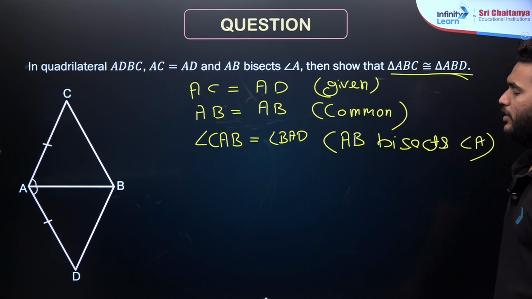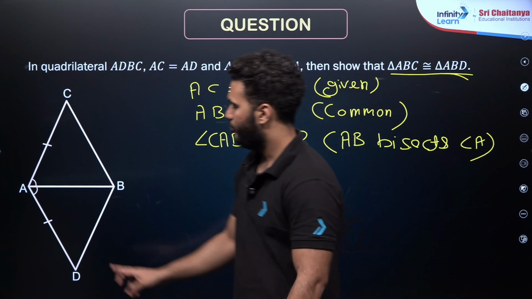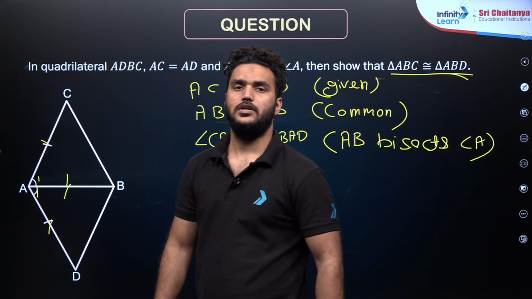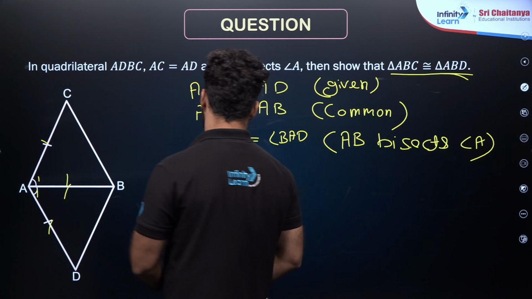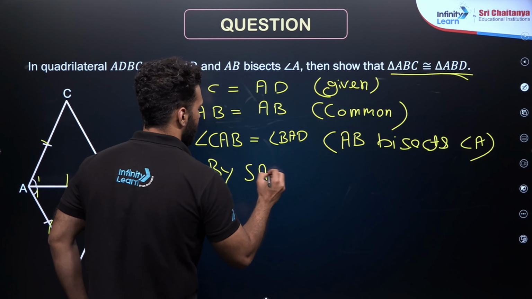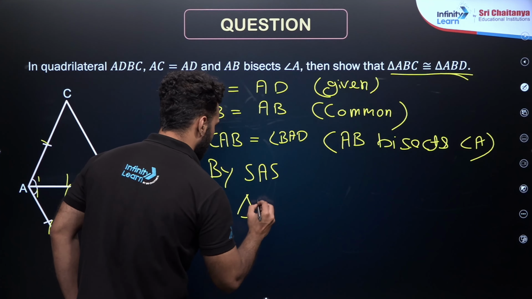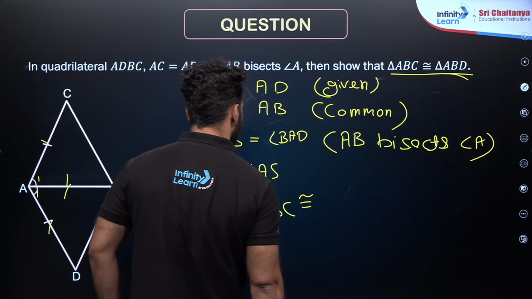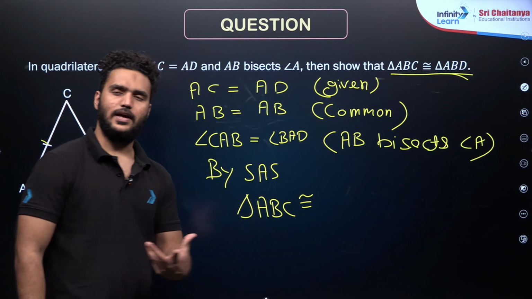So what criteria can we use? Sir, we have proved these two lines equal and the angle between them. What is this? SAS. So we can write, by SAS, triangle ABC is congruent to... Now, the first triangle you can write in any order.